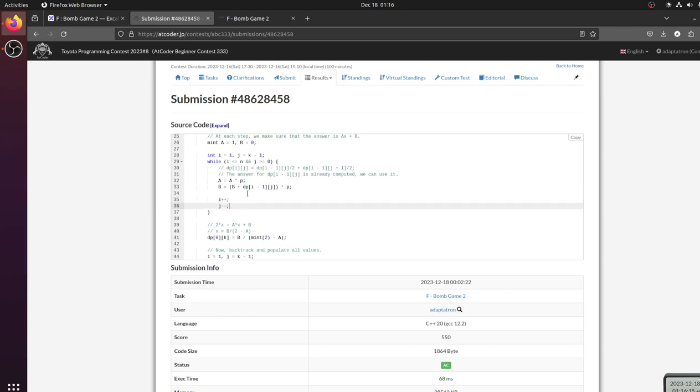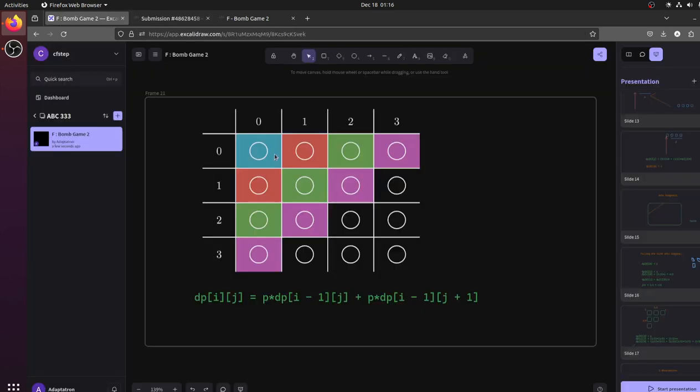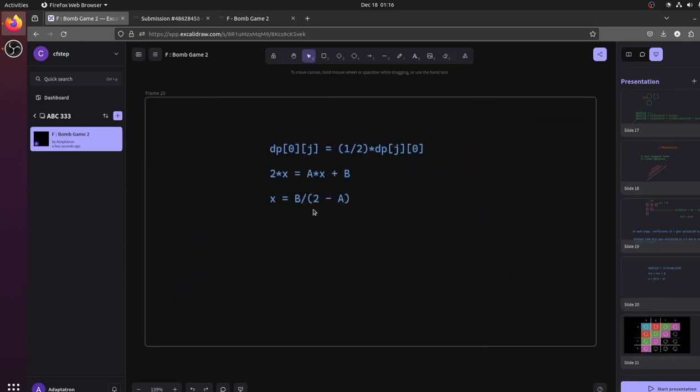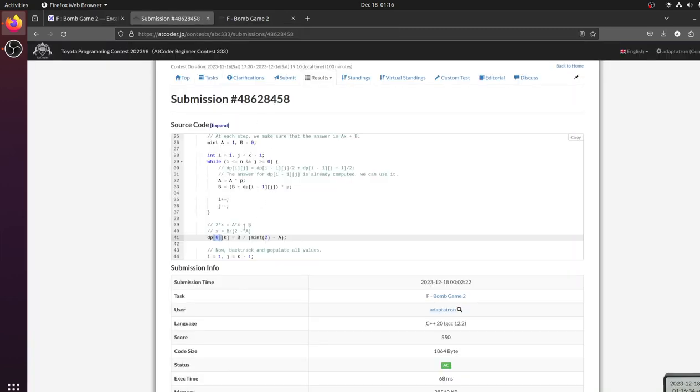And then you go down on that anti-diagonal. After you are done on the last cell, you already have a relation, and we already derived that x would be b by 2 minus a, where a and b are the coefficients of the linear function on the last cell.